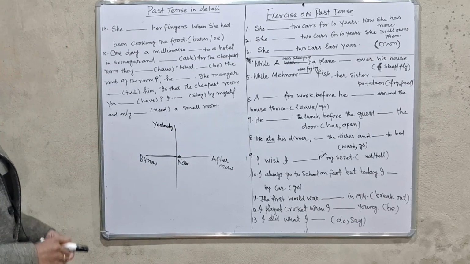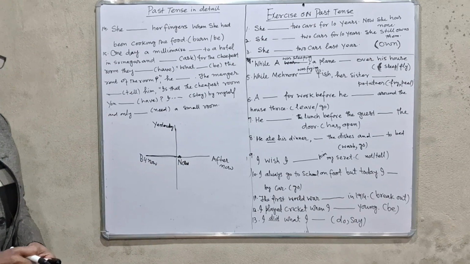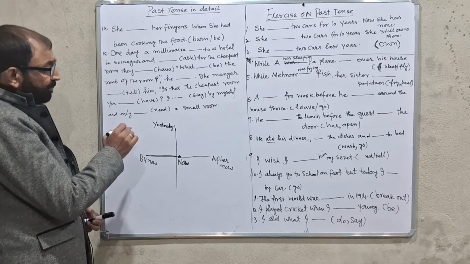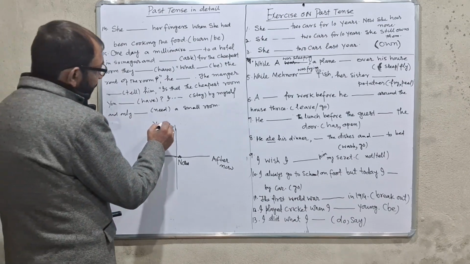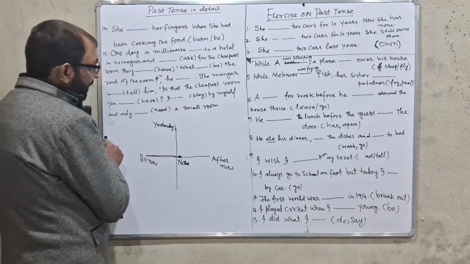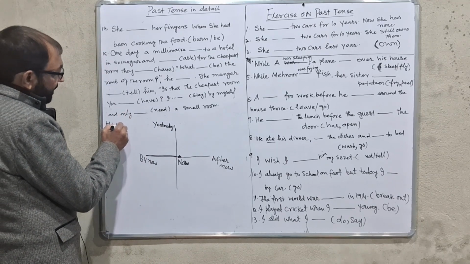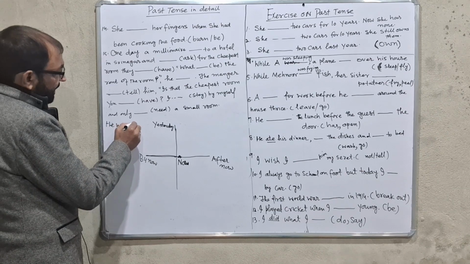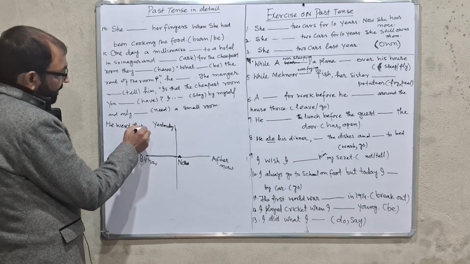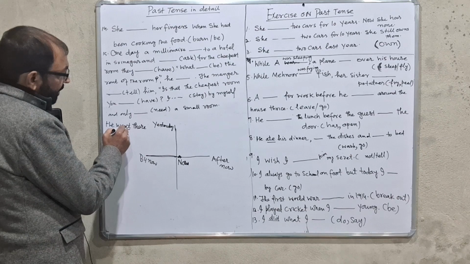For example, we say he went there. The best trick to crack this puzzle: when we write he went there, this is past simple, verb second form.